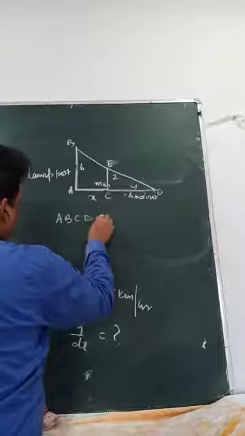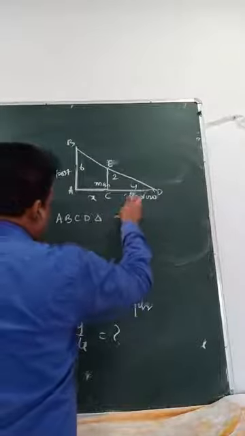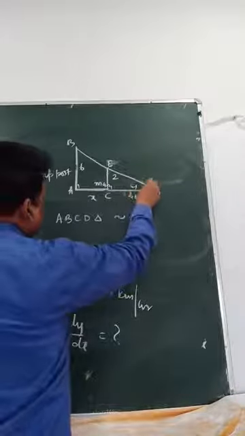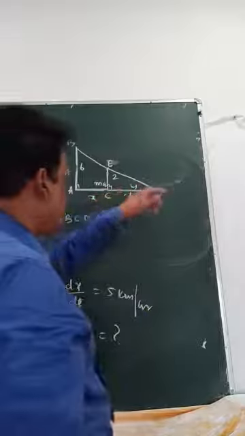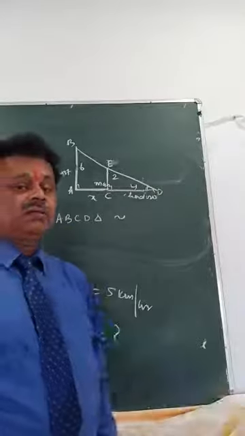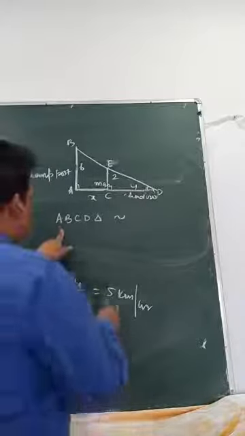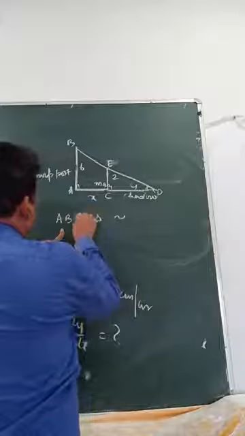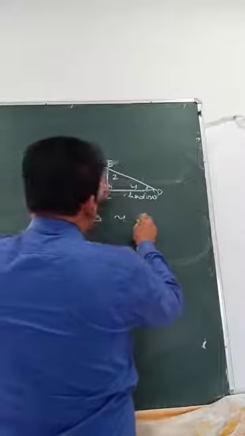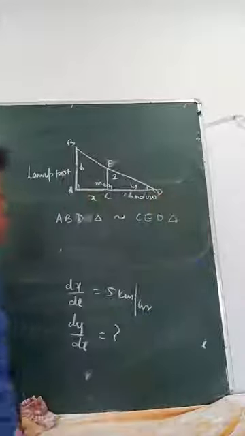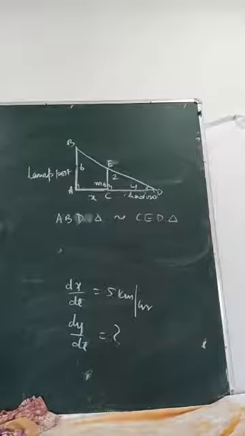Why similar? This angle is 90, this is 90, and this is a common angle. If two corresponding angles are equal, then the two triangles are similar. So triangle ABD is similar to triangle CED.